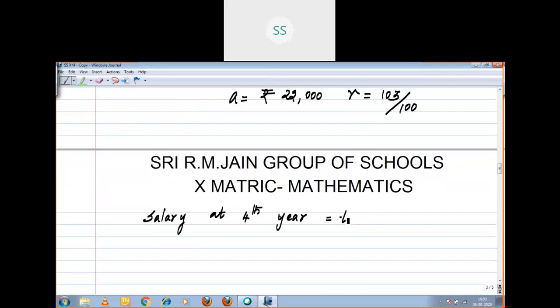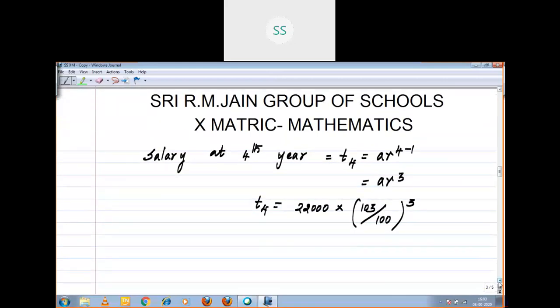equal to, that is T4, which is equal to A into R power 4 minus 1, A into R power 3. T4 equal to 22,000 into 103 divided by 100, the whole cube. Here also the multiplication part you have to do, children, right?